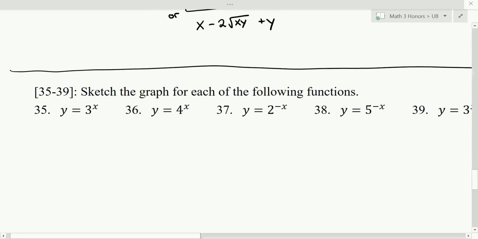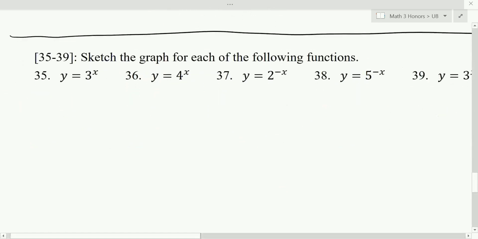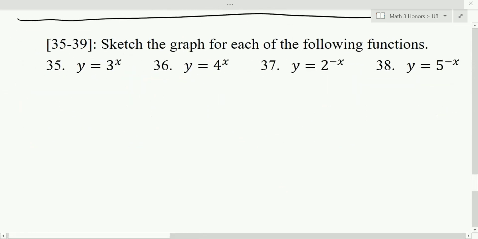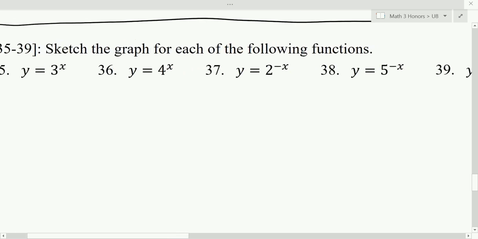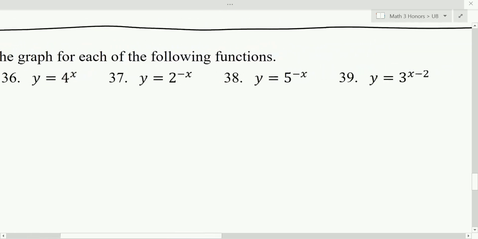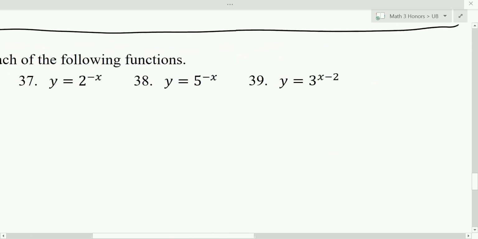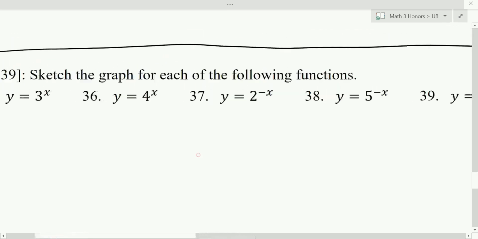So let's take a look first at number 35. So these 35, 36, 37 we'd call parent graphs. So it's same as 38. When we get to 39, that would not be a parent graph because it's been translated a little bit.